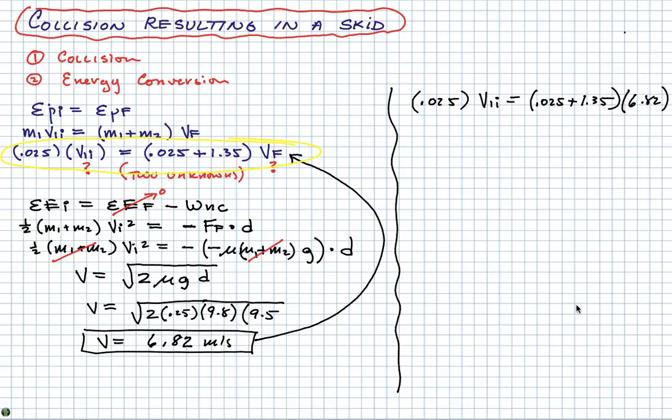So this becomes 0.025 plus 1.35, that's 1.375. Multiply that by 6.82, and then divide it by 0.025. And it looks like my arrow is traveling at 375 or 380 meters per second.